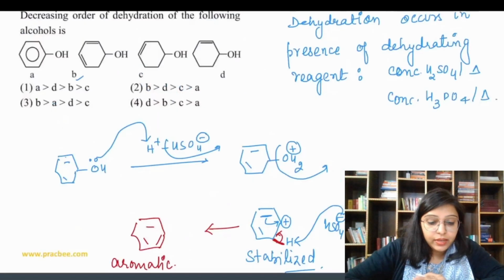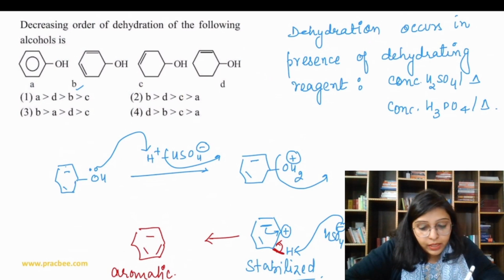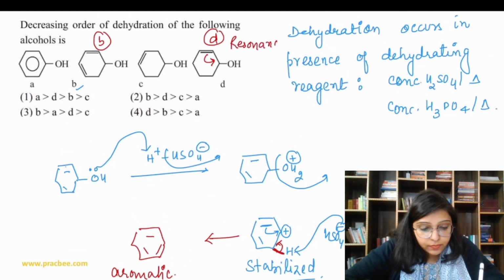Understood? Last we have the inductive effect. So the question says decreasing order of dehydration of the following. So B is going to be fast, then D. Why? Because this is resonance stabilized, right? We can say resonance stabilized.